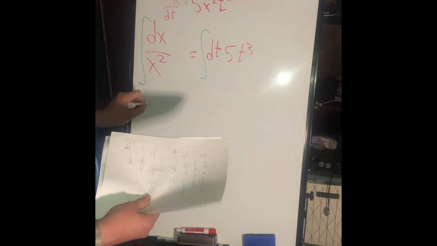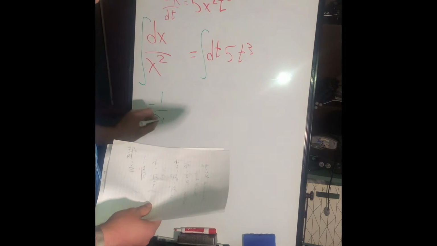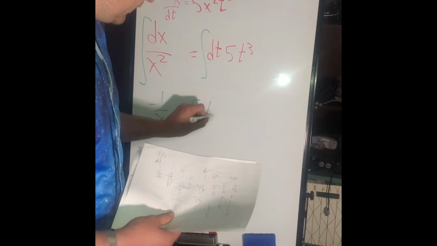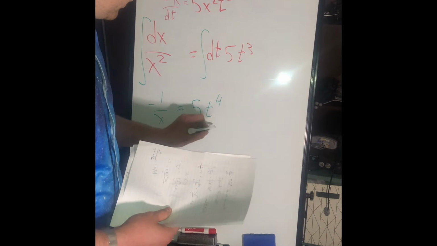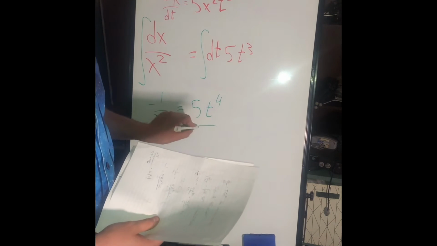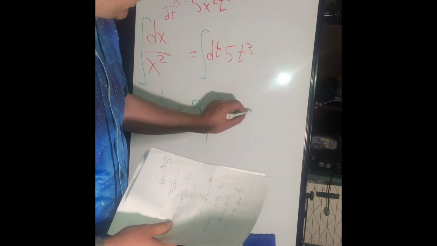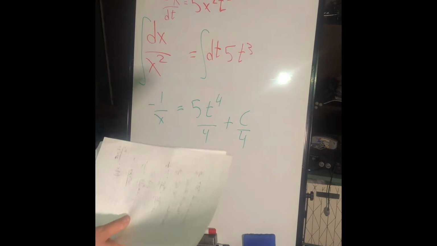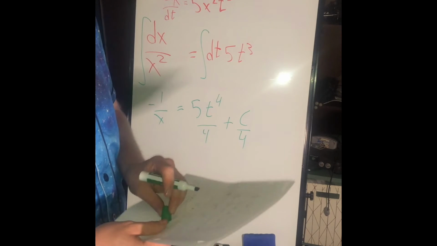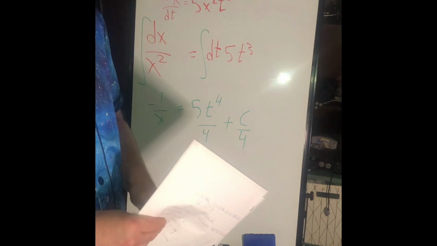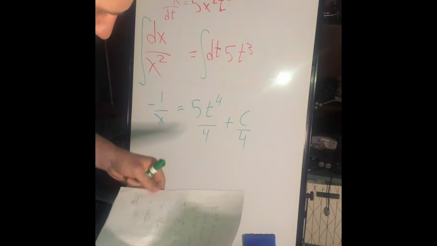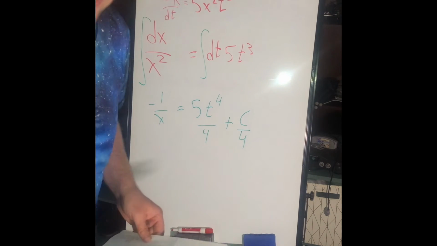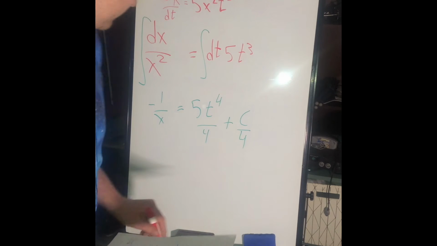That gives us 1 over x equal to 5t to the 4th over 4 plus c over 4. We could just say that it's equal to just c, but I'm going to leave it as c over 4.